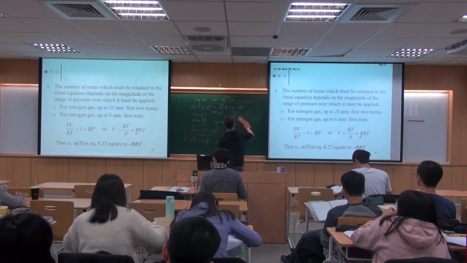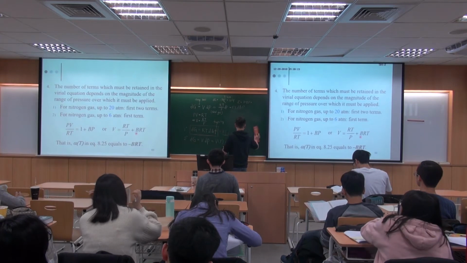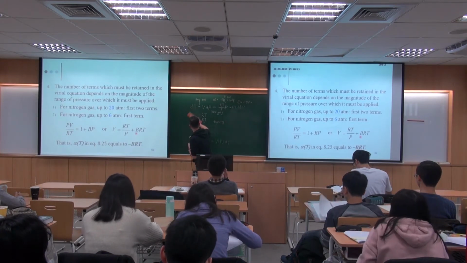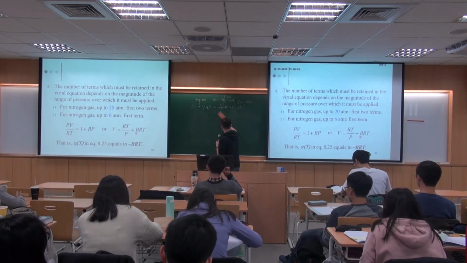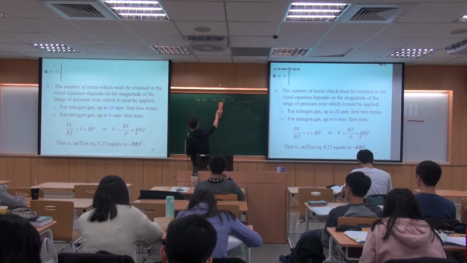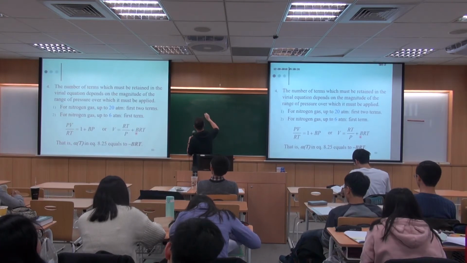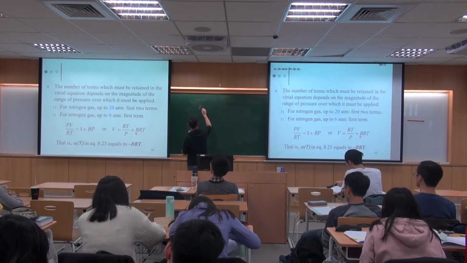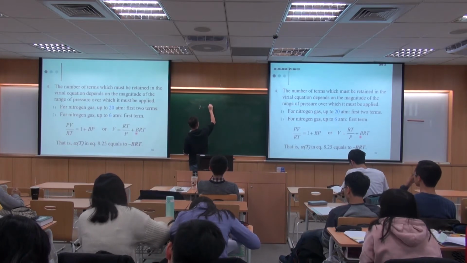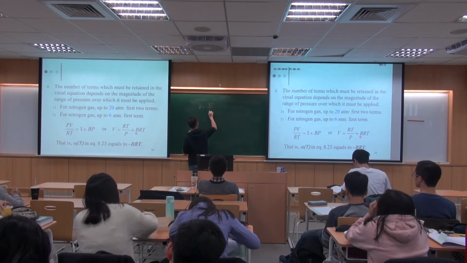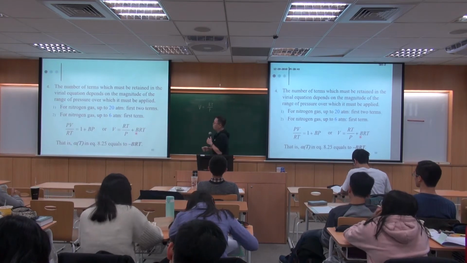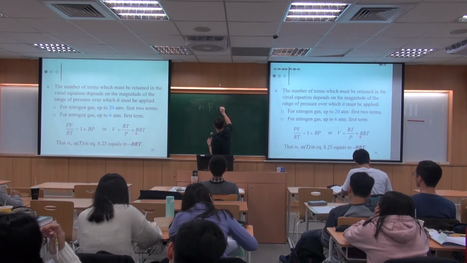And therefore, you can imagine that if you plot the PV isotherm, it's simply a shift by a certain amount. Because we know that for ideal gas, this is RT over P. This is ideal gas.